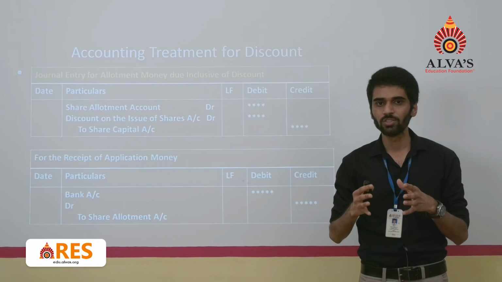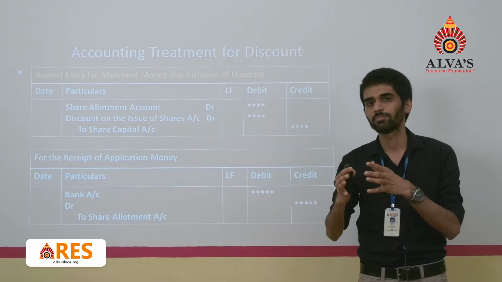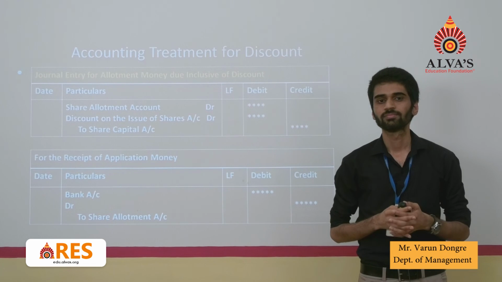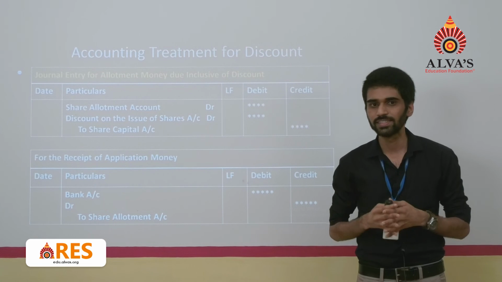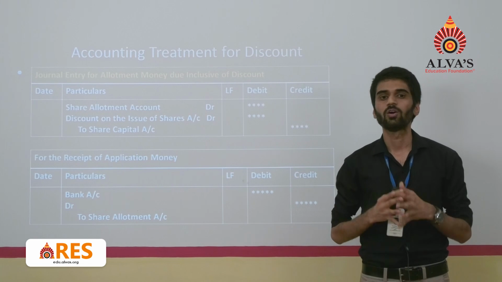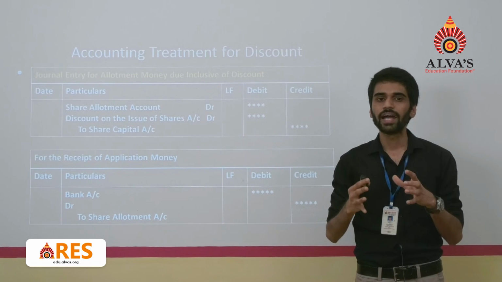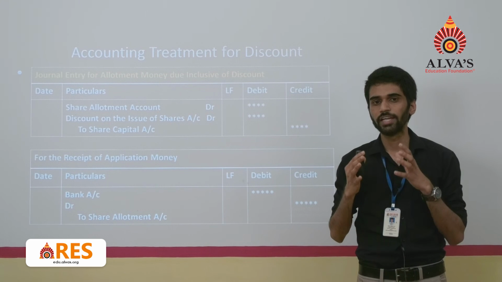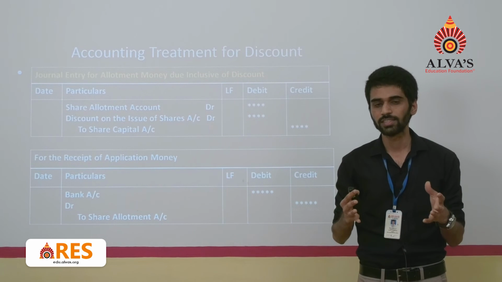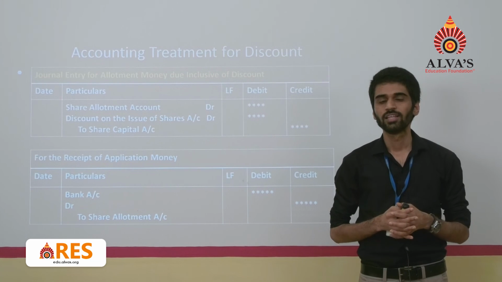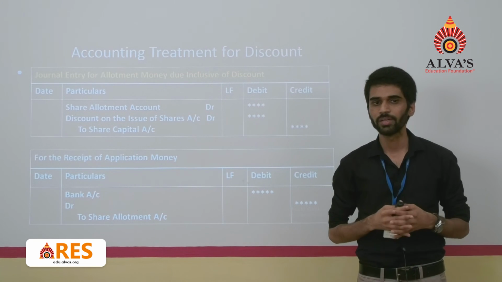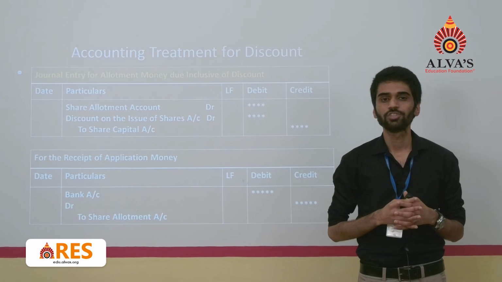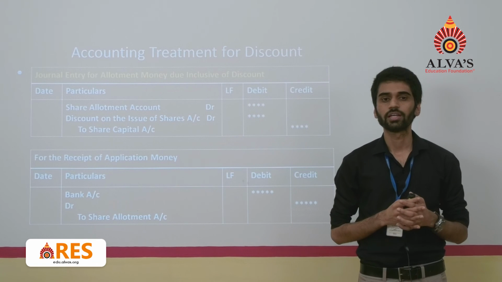See here, discount on issue of shares is an expense from the part of the company, and you all know that the rule of nominal accounts is to debit all the expenses and losses. So, that is why the discount is debited. So, the entry for the issue of shares at discount is share allotment account debit, discount on issue of shares account debit, to share capital account.